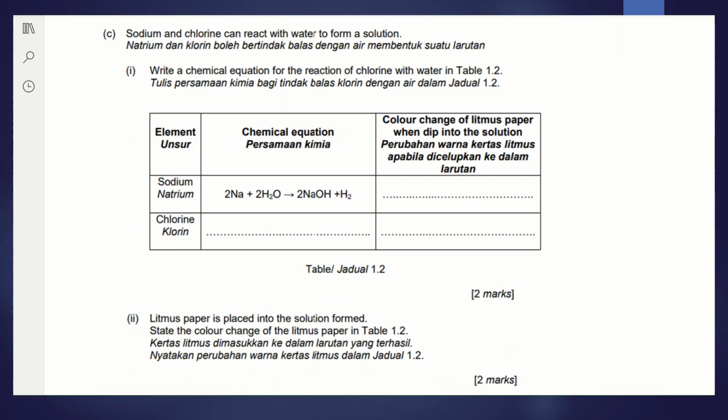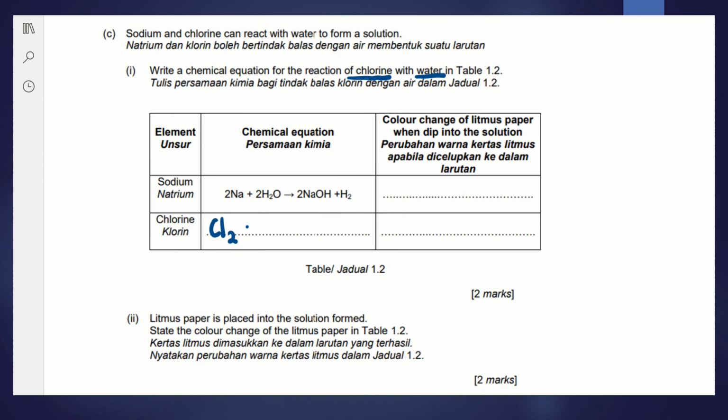C. Sodium and chlorine can react with water to form a solution. Write a chemical equation for the reaction of chlorine with water in table 1.2. Sodium reacts with water to form sodium hydroxide and hydrogen gas. For chlorine, Cl2. Why Cl2? Because chlorine exists as diatomic.